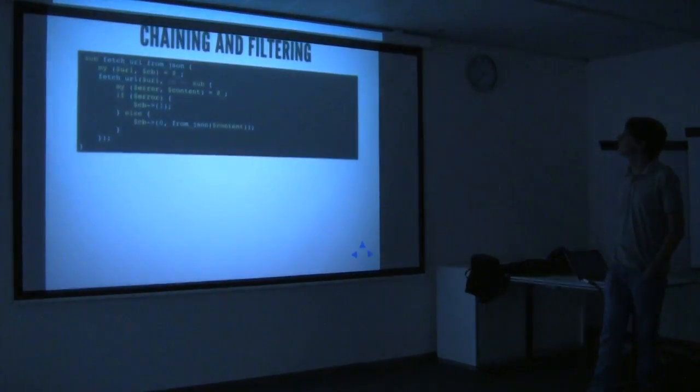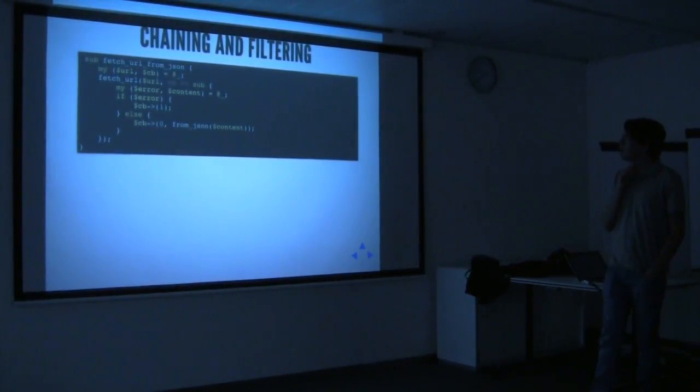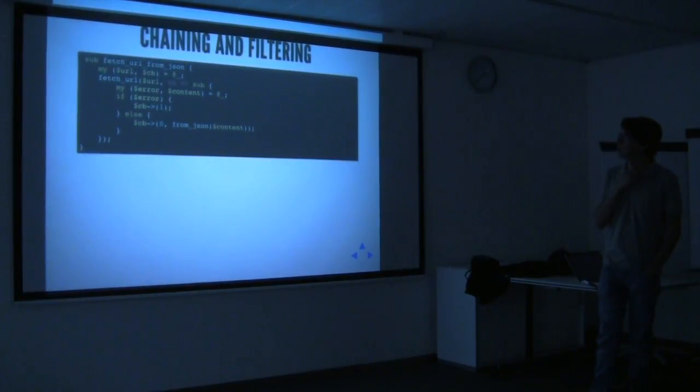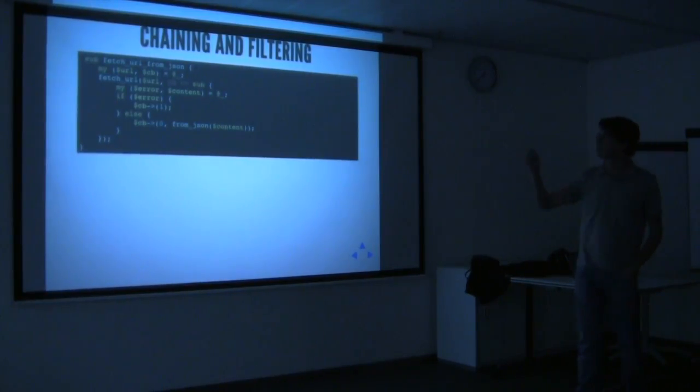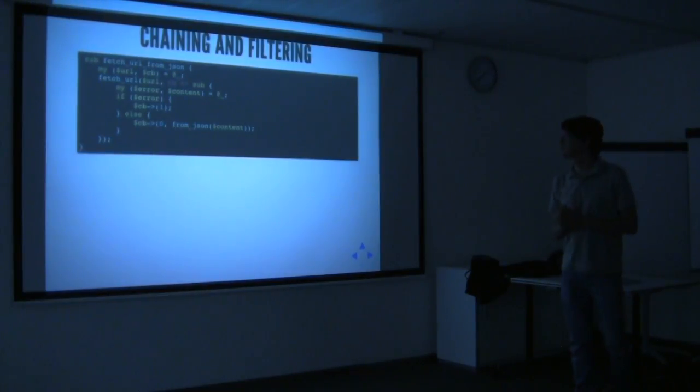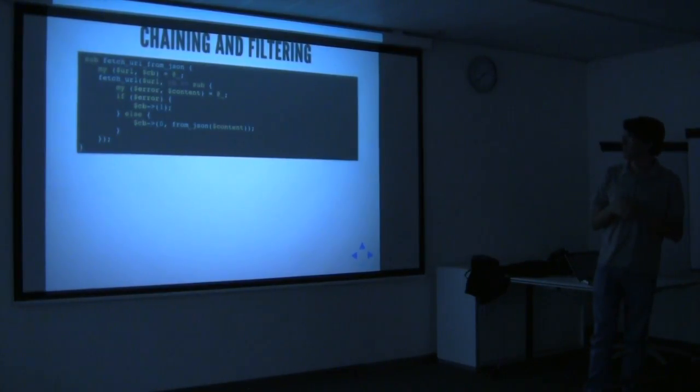But that's the idea. Another thing where using plain callbacks is kind of hard is when you have to somehow filter your results. For example, if you want to create a subroutine that is asynchronous and fetches a URL, but it decodes JSON from that URL and returns just a hash or a value for that JSON.